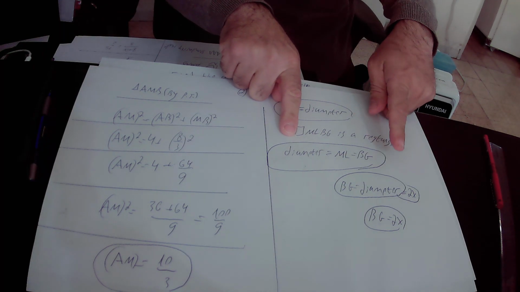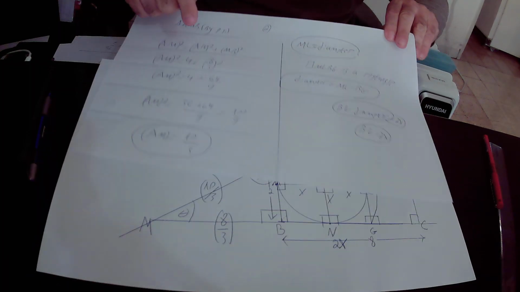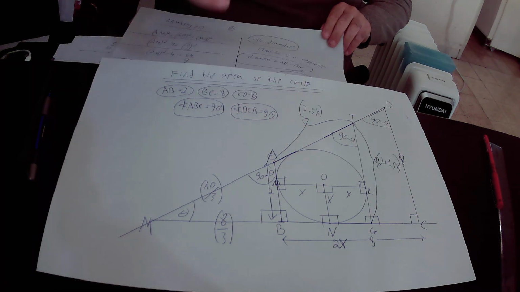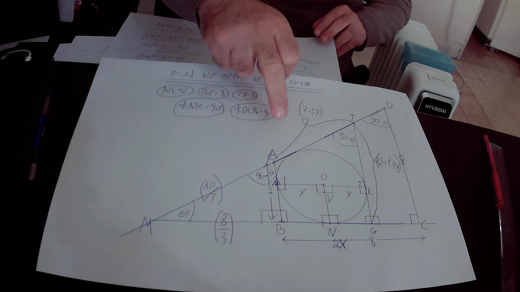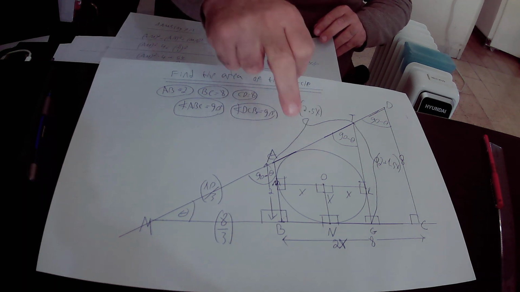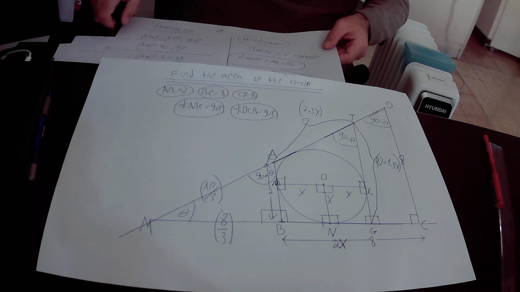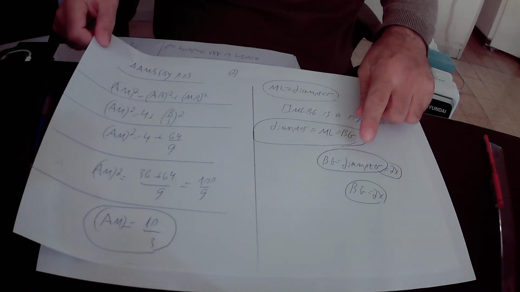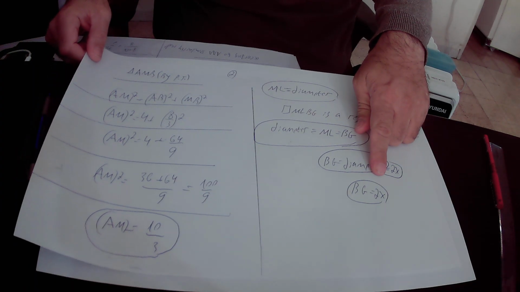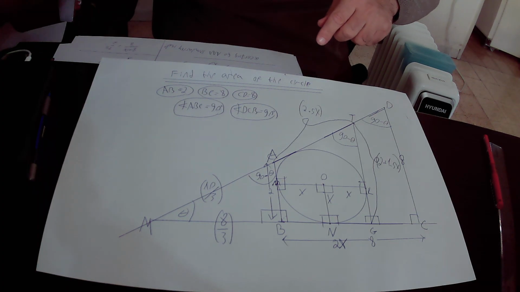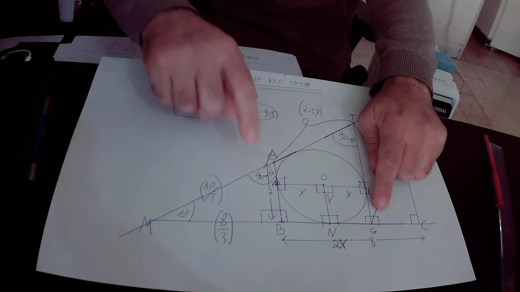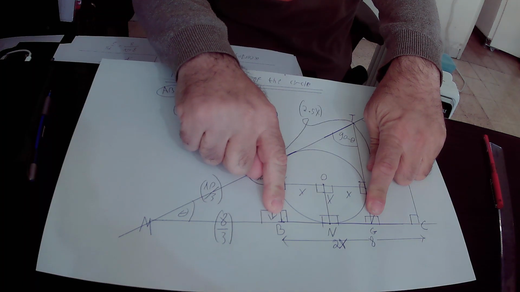BG is the diameter of the circle. The radius of the circle equals x, therefore the diameter must be twice as long as the radius. If the radius is x, then the diameter must be equal to 2x. So the diameter BG equals 2x.